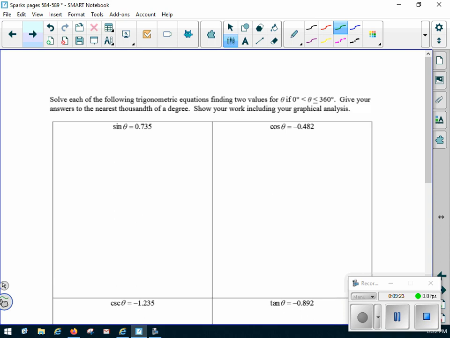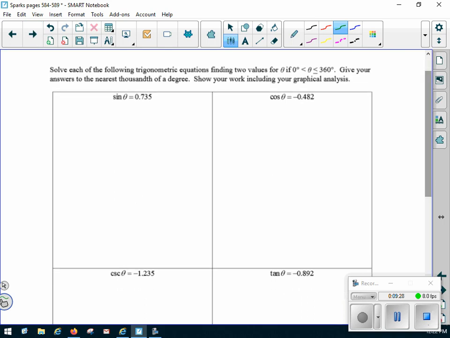Now, you're going to have to use your calculator here. Please notice, what mode do you need to be in? Please be in degree mode. If it's in radians, you're going to get some really strange answers.